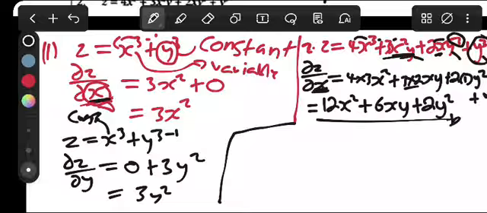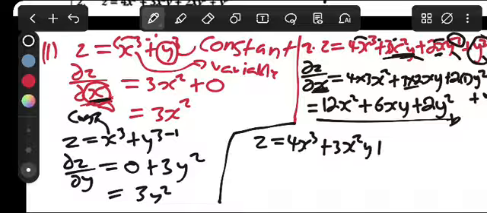z is equal to 4x raised to the power of 3 plus 3x squared y plus 2x, all right, plus 2xy squared, right, plus y raised to the power of 3.